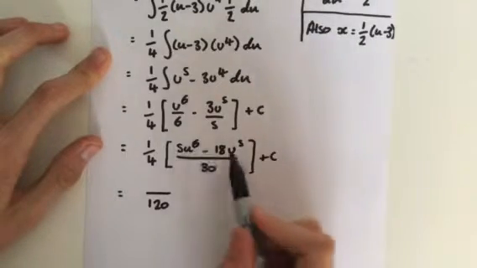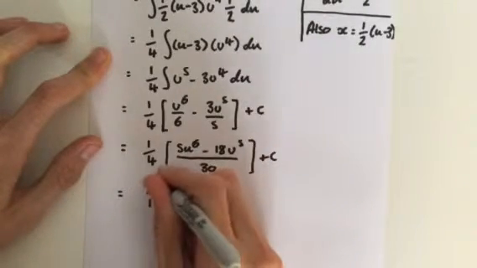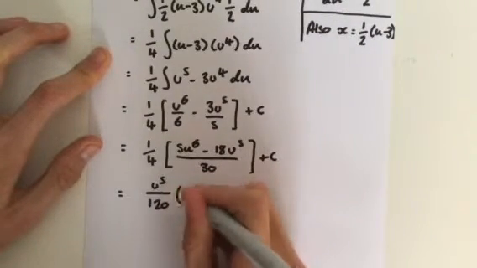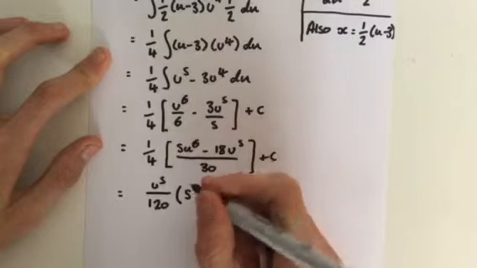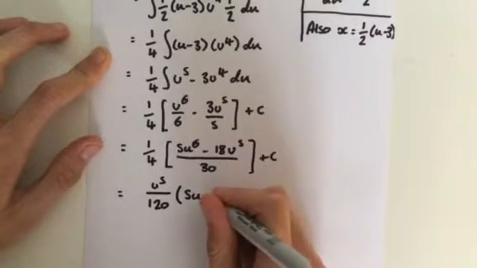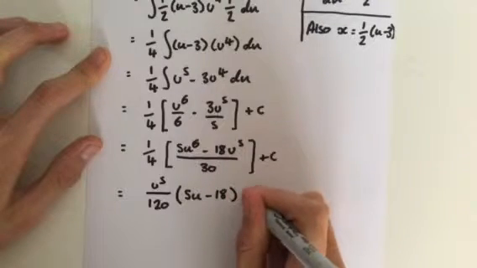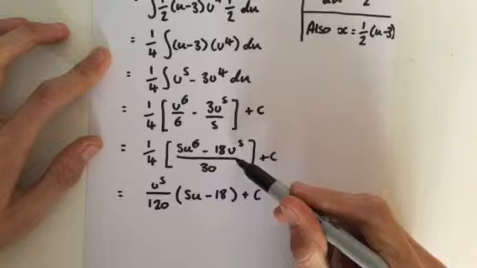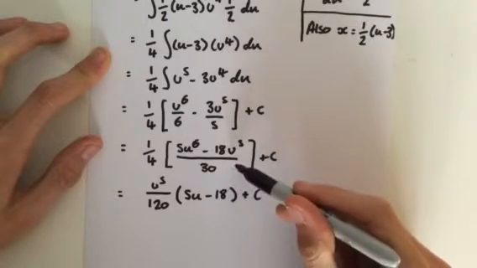U to the 5 goes into both of those. So we do u to the 5 divided by 120 multiplied by (5u minus 18). Okay? So we've just factorised that expression there.